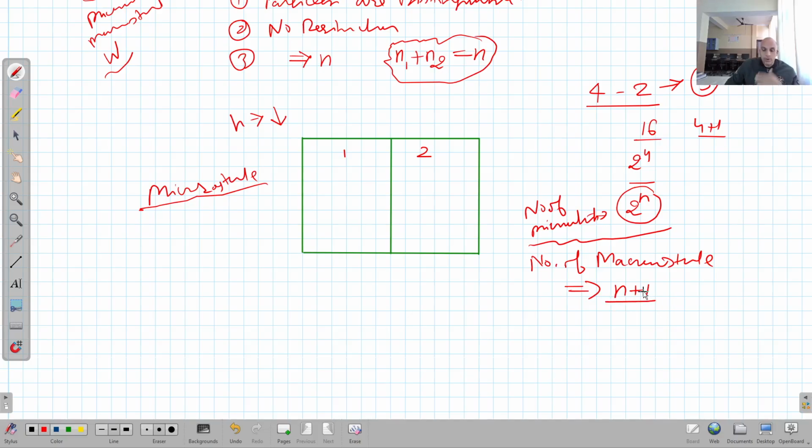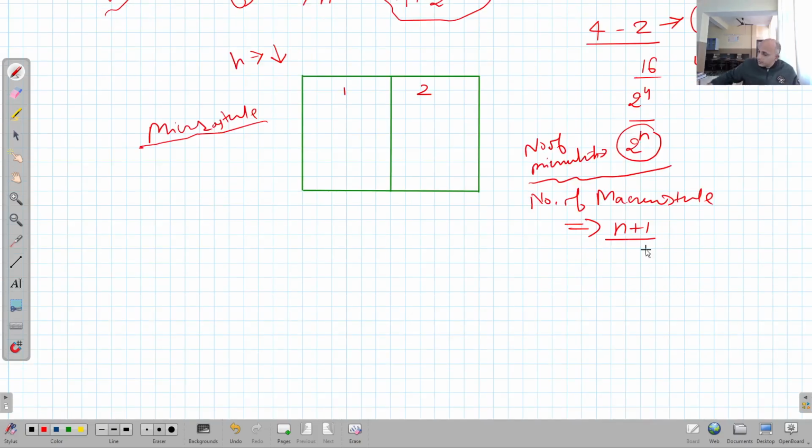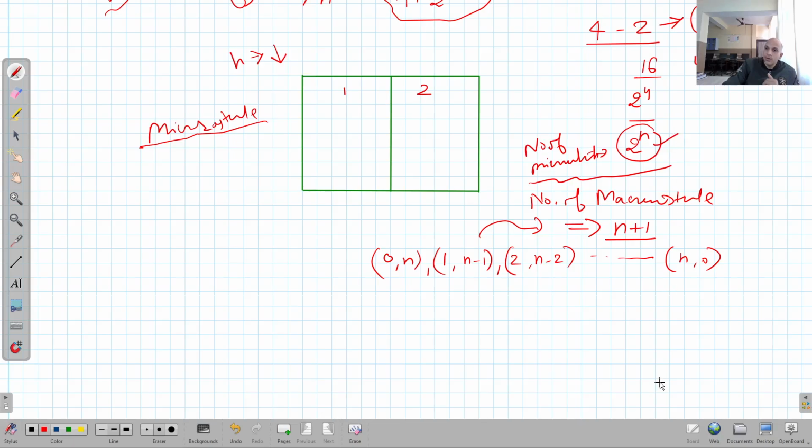These macrostates will be like (0, n), (1, n minus 1), (2, n minus 2), and so on, up to (n, 0). These are the different possibilities. Each macrostate can further have different arrangements, which are called microstates. So this is the total number of microstates and this is the total number of macrostates.